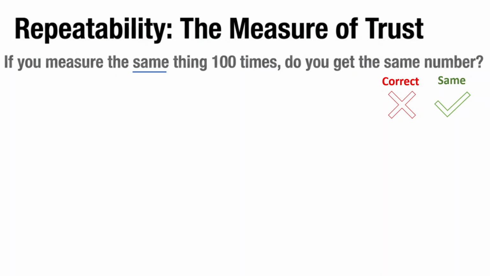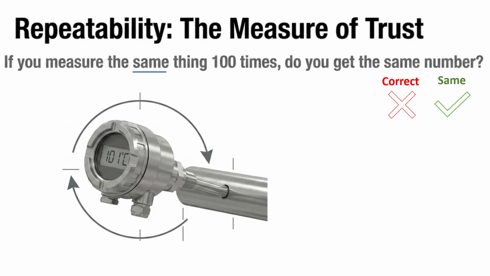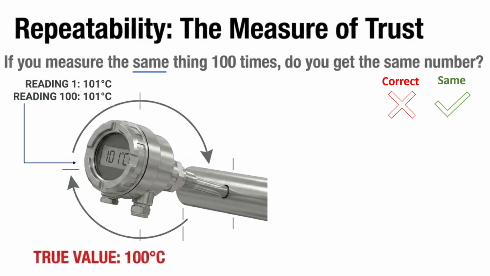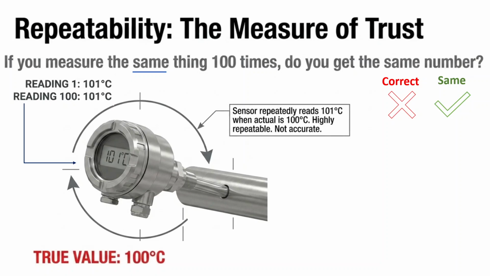Here's the example on screen. A temperature sensor that always reads 101 degrees Celsius when the true value is 100. Every single time, 101. It never wavers. That sensor is highly repeatable, but it's not accurate. It's consistently off by 1 degree.